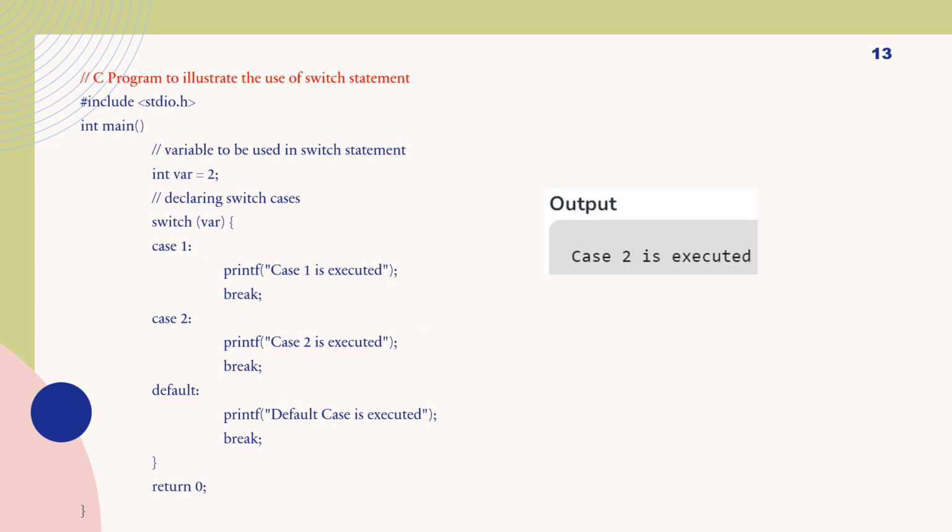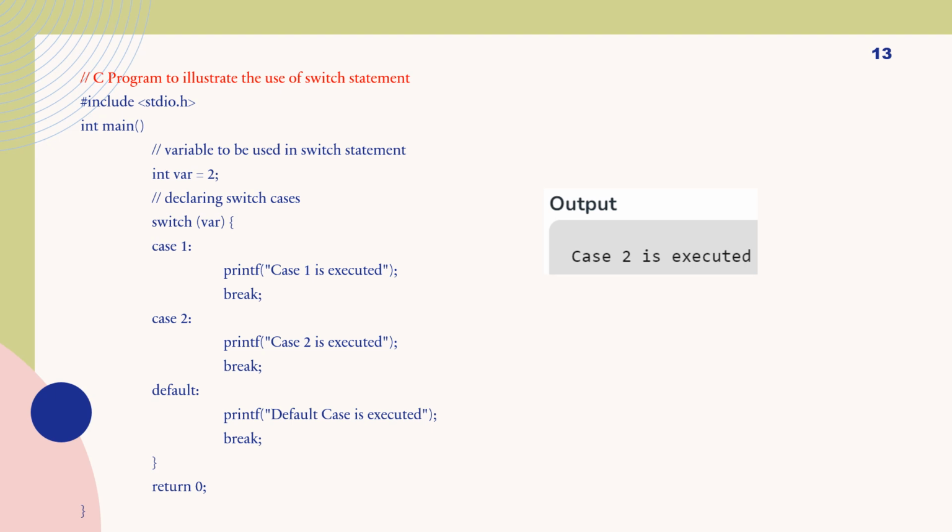So here is a program to demonstrate the switch statement. Here we have declared an integer variable as 2, and we have the switch on that variable. If it is case 1, printf "case 1 is executed", and here case 2, the variable is 2, so printf "case 2 is executed", and the output will be case 2.